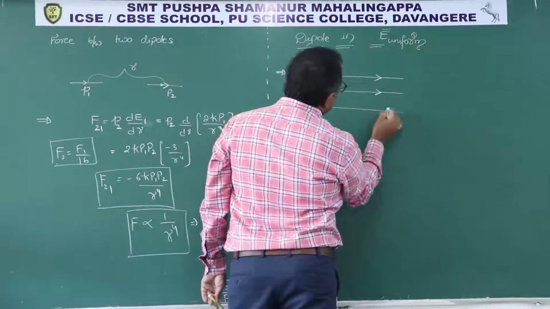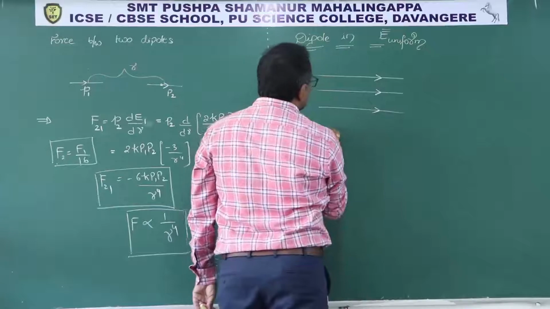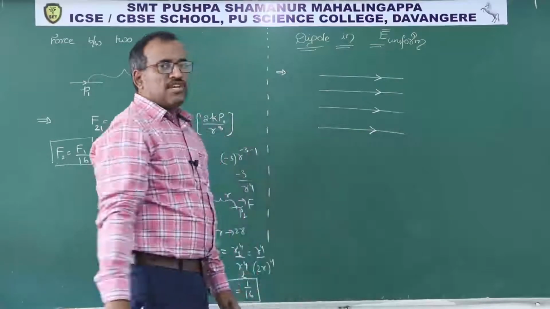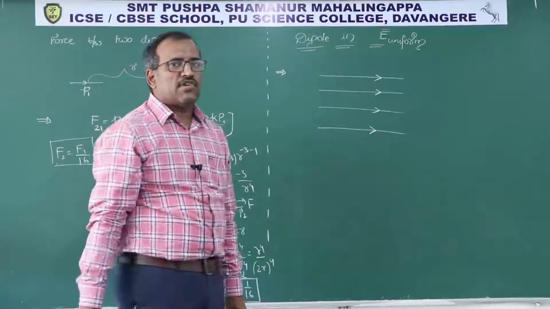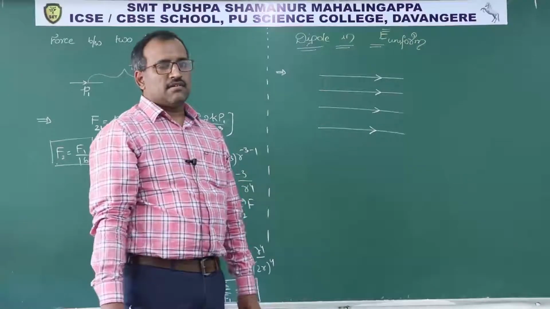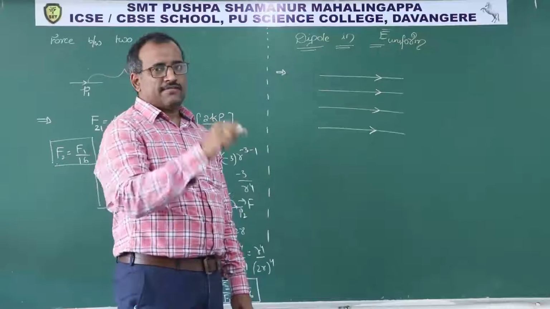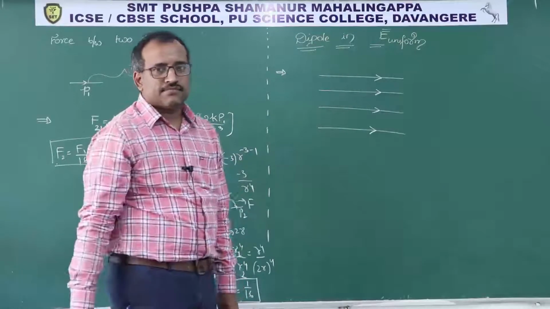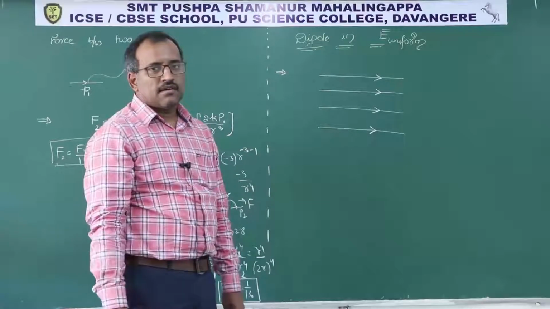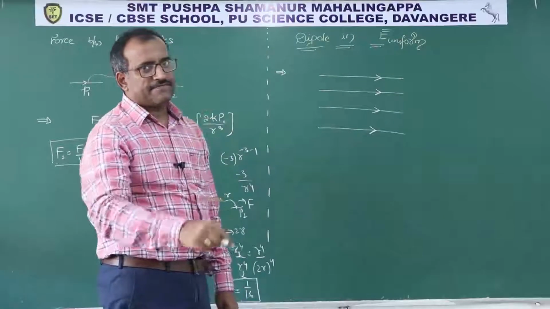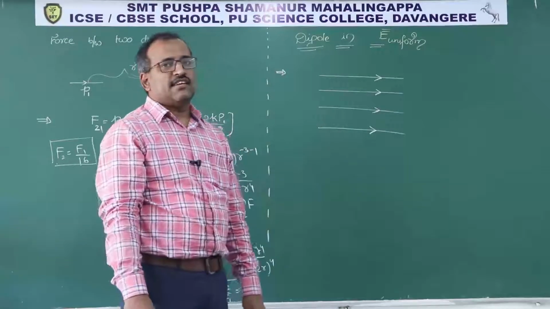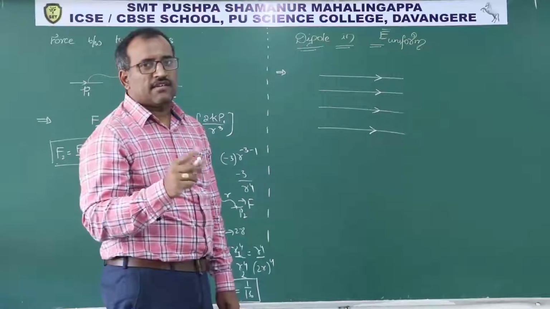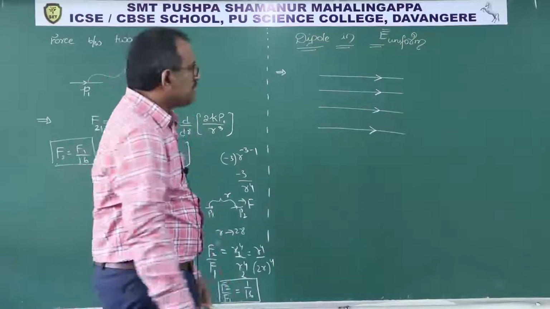So this is a uniform electric field. What do you mean by uniform electric field? Lines should be parallel. Lines should be in unique direction. Lines should be straight. And finally, lines should be maintaining equal distance.